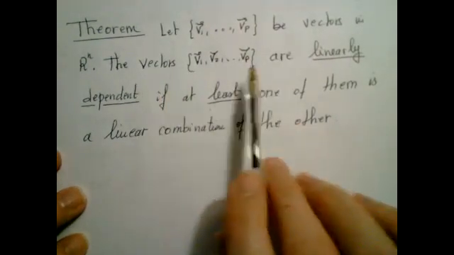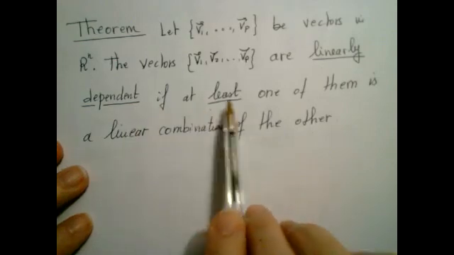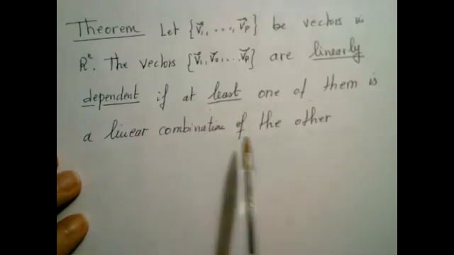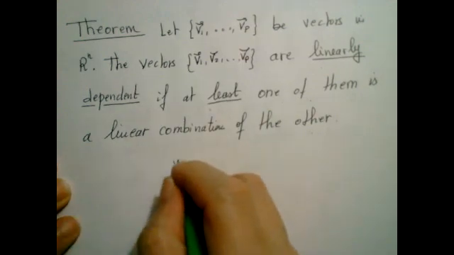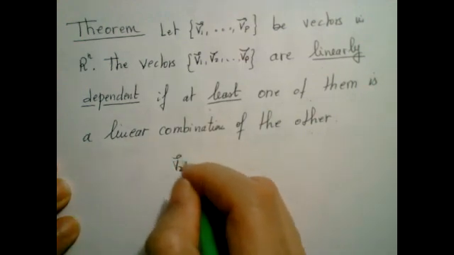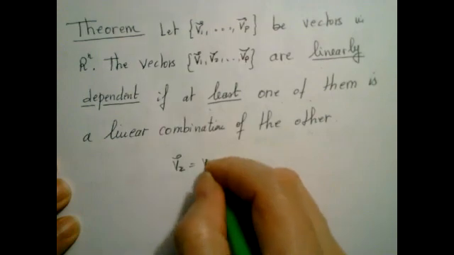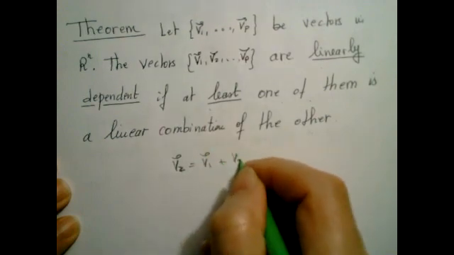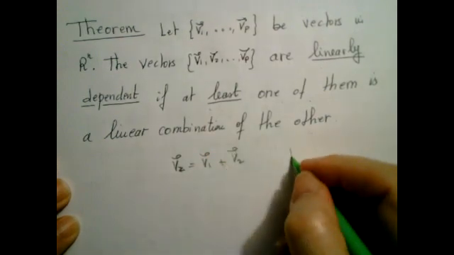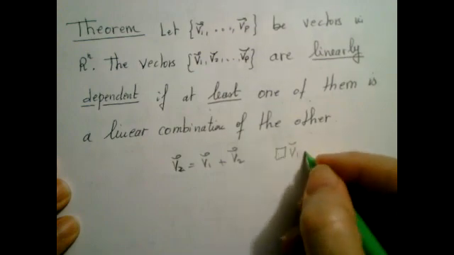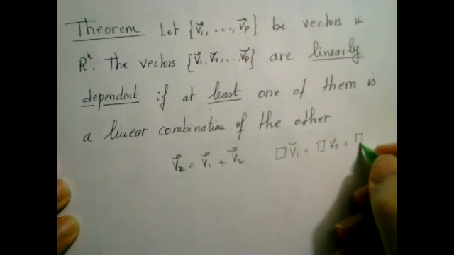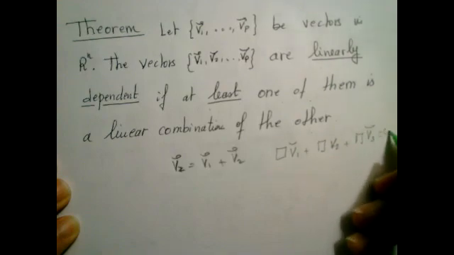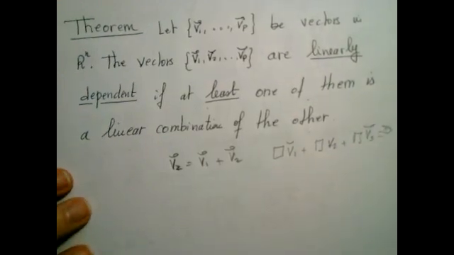Because based on the previous example, if I have 3 vectors, because I was able to write V3 as a combination of V1 and V2, I was able to find a non-zero solution for this. Therefore, they are linearly dependent.